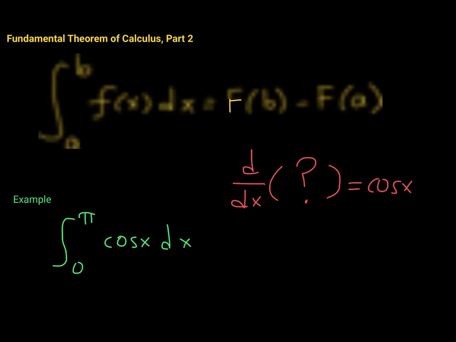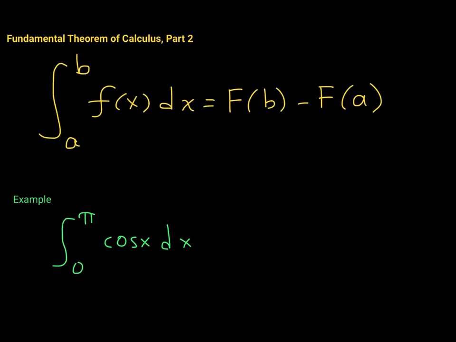So let me make room here. Let me get rid of what I wrote just because I need the space. So an antiderivative for cosine is sine. So all I have to do, according to the fundamental theorem of calculus, is take that antiderivative and evaluate it at my upper and lower limits of integration.